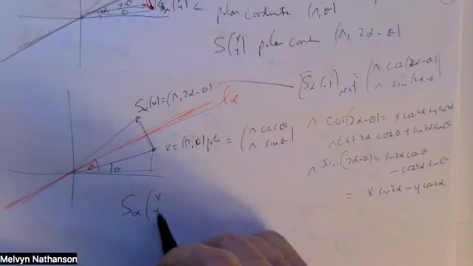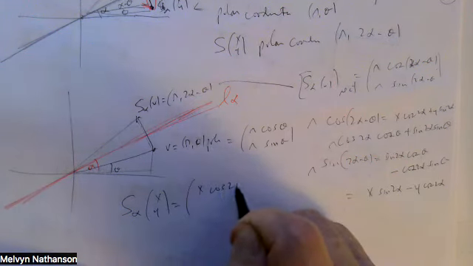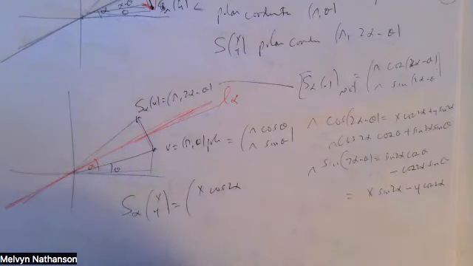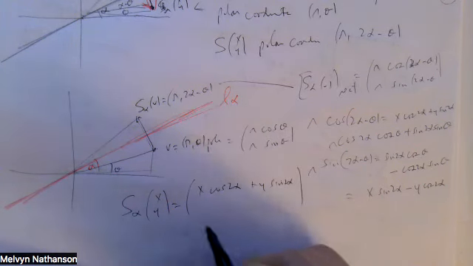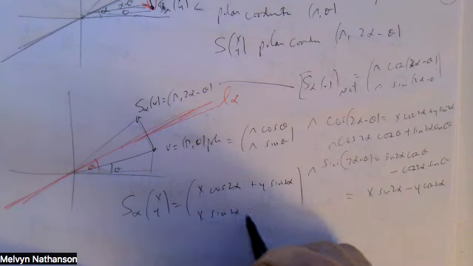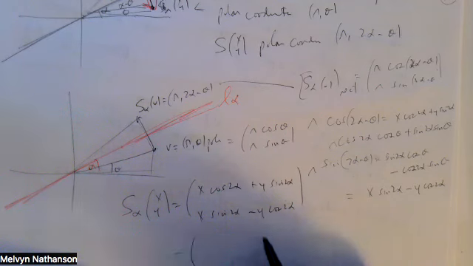So S alpha of xy is going to be x cosine 2 alpha plus y sine 2 alpha, x sine 2 alpha minus y cosine 2 alpha.